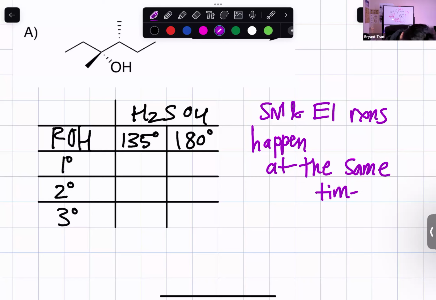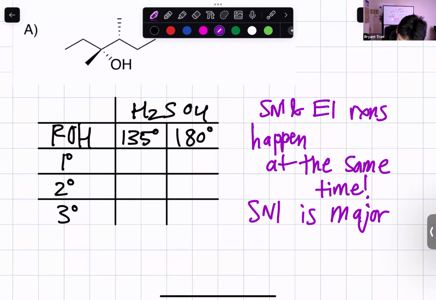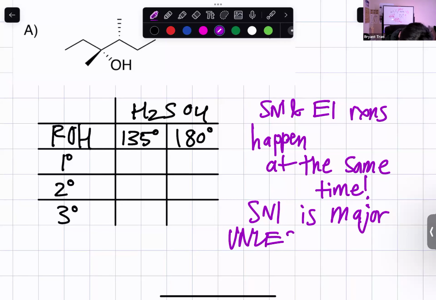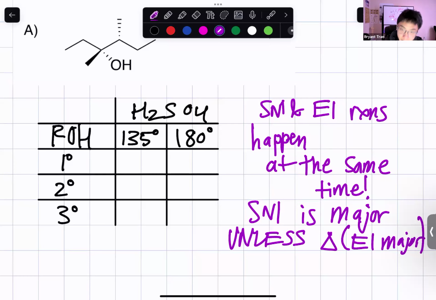In normal conditions, SN1 is major. It's going to give the major product, unless heat is added. If heat is added, then the E1 product is the major product, right?